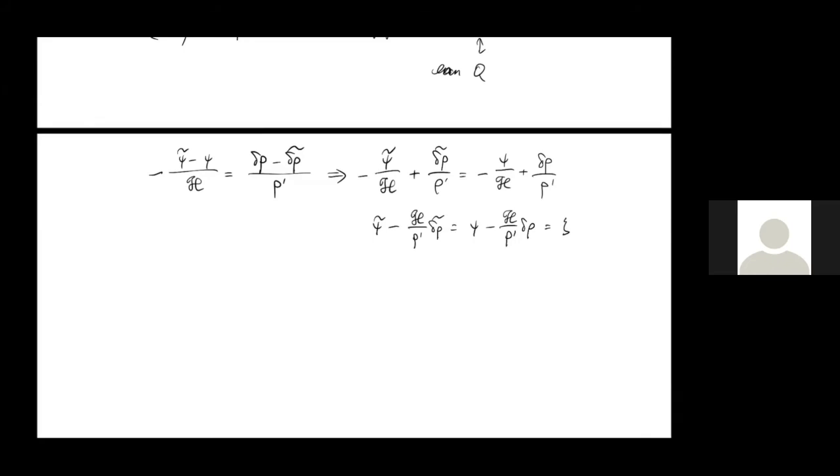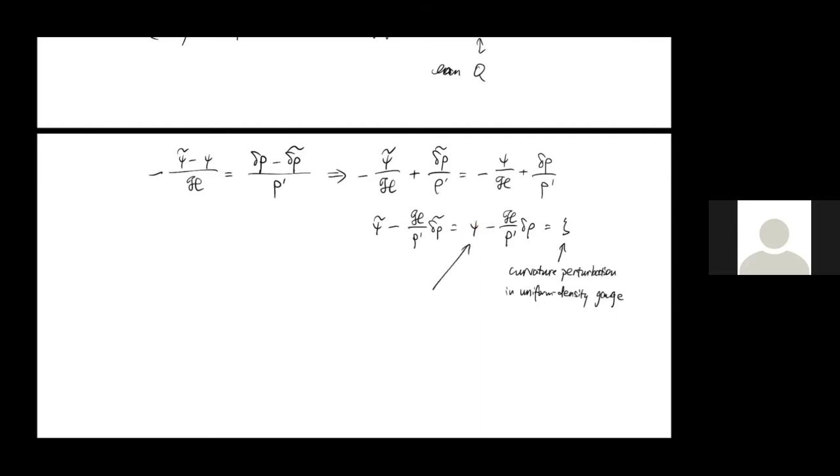The physical meaning of zeta is that it is the curvature perturbation in uniform density gauge. Because in uniform density gauge, this delta rho term is 0, and you only have psi. And we know that psi is the curvature perturbation in any gauge.